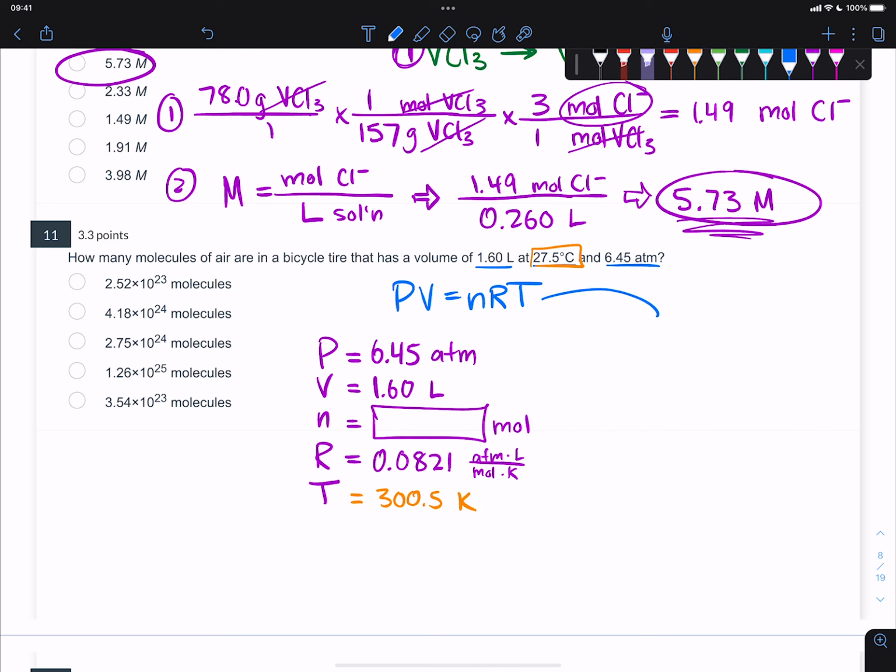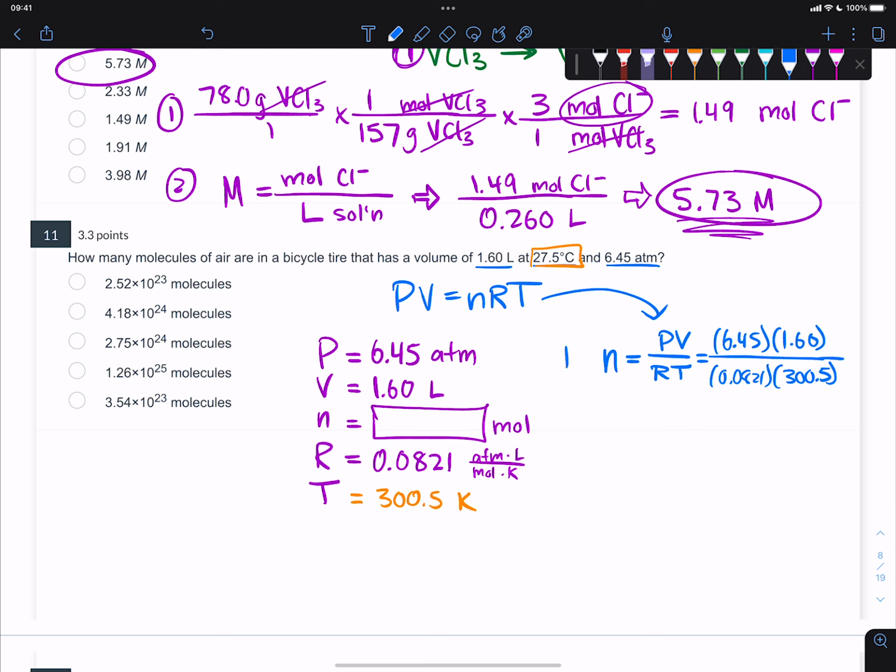The rules of math are going to make you solve for n, right? To do that, you'll get that the moles is equal to PV over RT. And that's simple enough to do. Pressure is 6.45, the volume is 1.60, R is 0.0821, and then T is 300.5-ish.